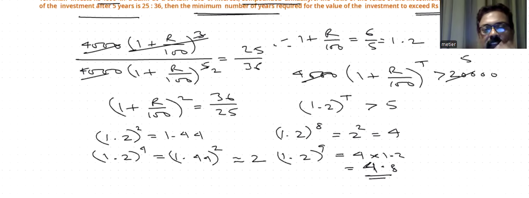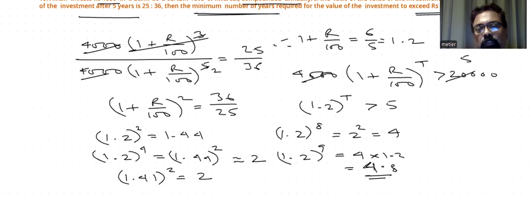Now, at this point, 1.41 whole square is 2, so 1.44 whole square will be marginally more than 2. So you can easily go with 2. It will not have any effect. It will be 2 point something, and 4 point something really. There is a chance that it will cross 5. Let's check.